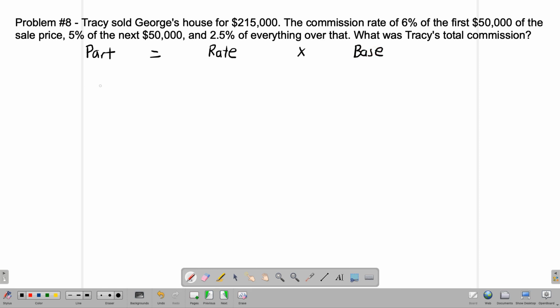All right, so what we have here, first we have the first 50,000, and we said that according to the equation, the first 50,000 is going to receive 6% of the first 50,000.